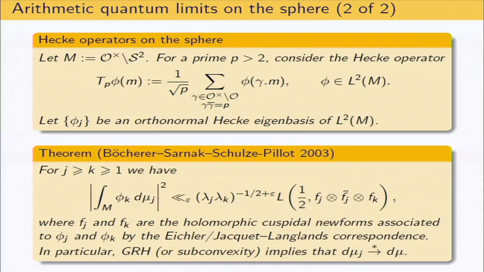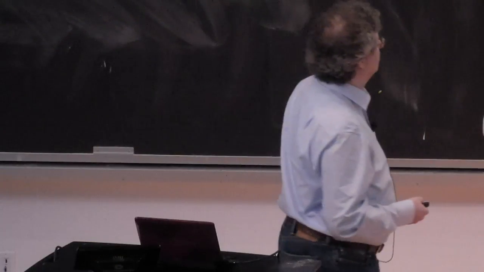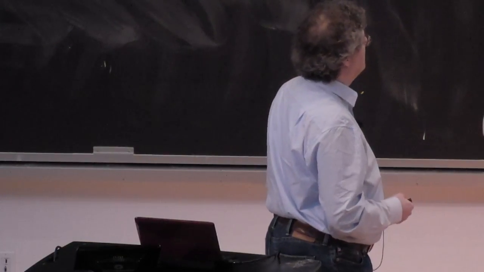And if you look at this formula and you analyze what kind of inequality follows from that exact formula, this inequality follows. Here Fj and Fk are the Jacquet-Langlands lifts of the Maass forms on the sphere. They are holomorphic cuspidal new forms of level 2. The point is that Fj and Fk have exactly the same Hecke eigenvalues as the original forms. So you can think of this triple product L-function as coming from these Hecke eigenvalues of the phi j and phi k.